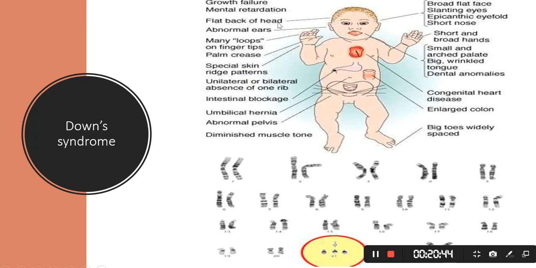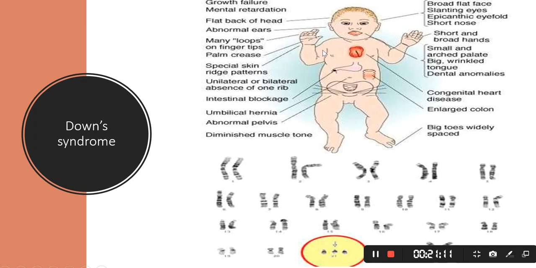Growth failure, mental retardation, a flat head, ears at an abnormal place, small and broad hands. If you look at your hand, you all will have 3-4 creases, but a Down syndrome child will have only one crease. It is called a simian or palm crease.